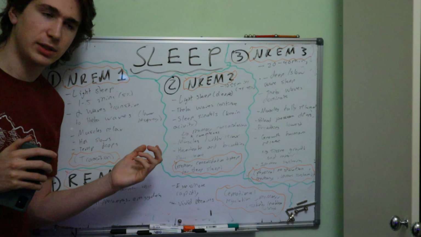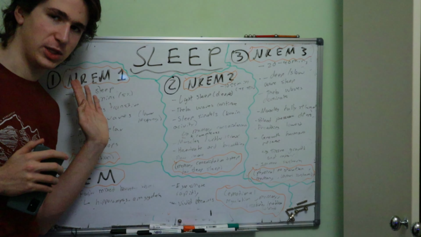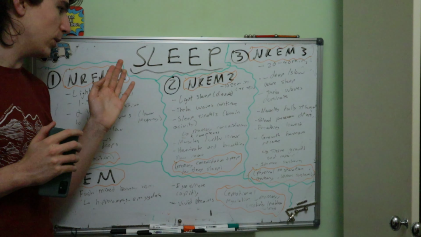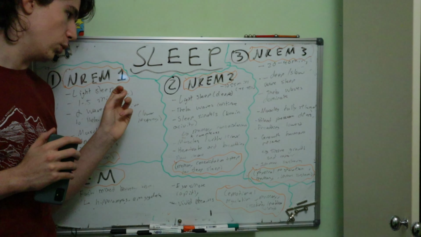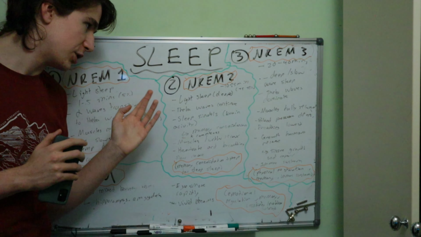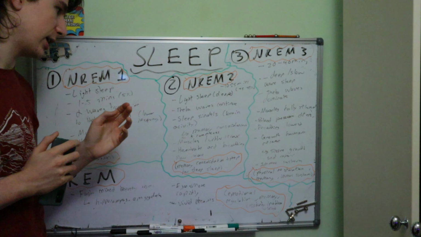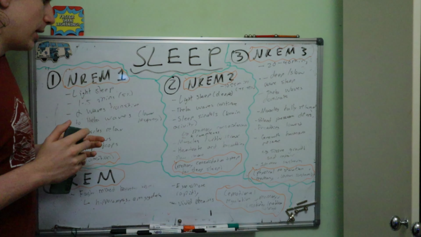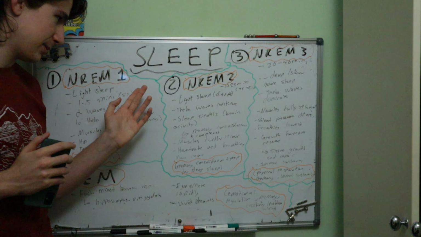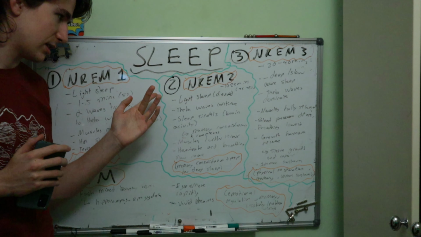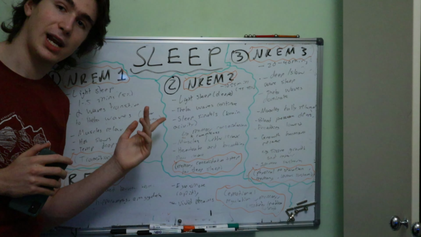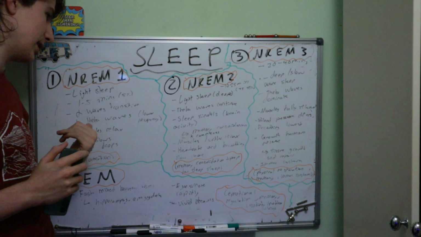So then you've been transitioned into stage 2, which is NREM 2. This is between 10 to 25 minutes of the sleep cycle, which is between 45 and 55% of the cycle. And this is light sleep, but it is slightly deeper than stage 1.